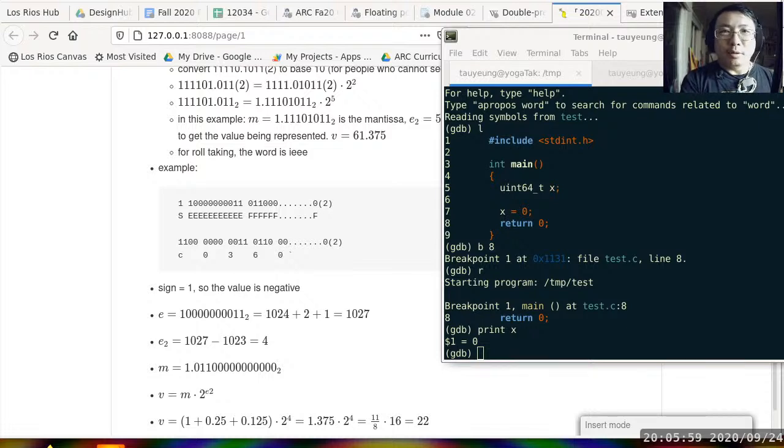All right. So the question is, what does this have anything to do with the debugger? Well, now we have a very convenient way to express those 64 bits so that we can initialize x to those 64 bits. So we'll do it this way. We'll say set var x equals 0x, which is the prefix to specify a base 16 number.